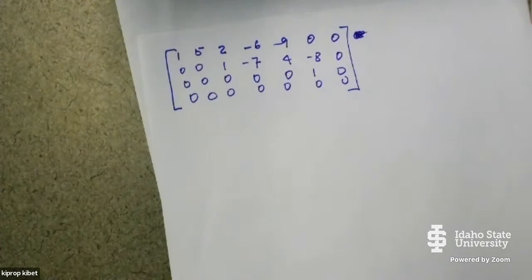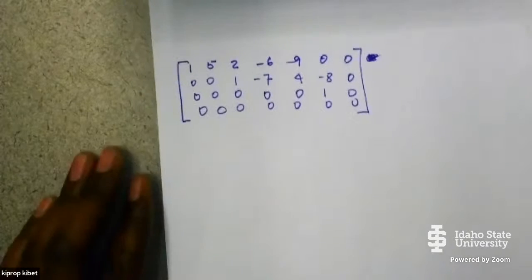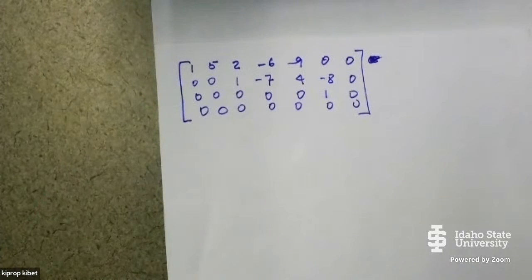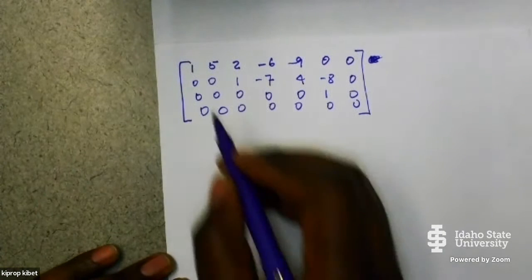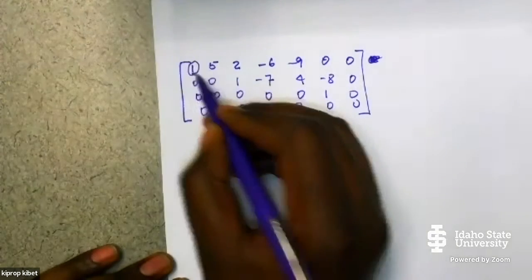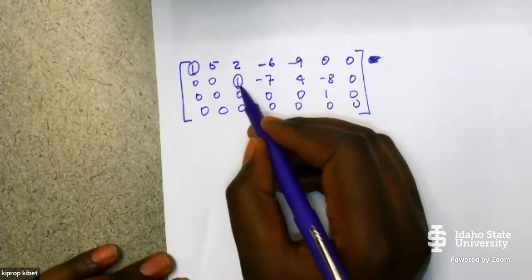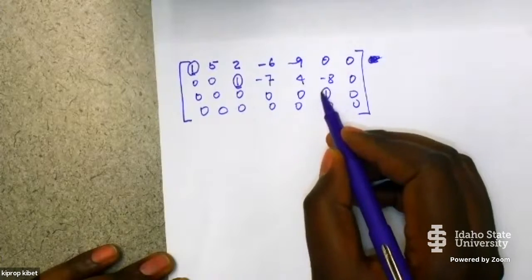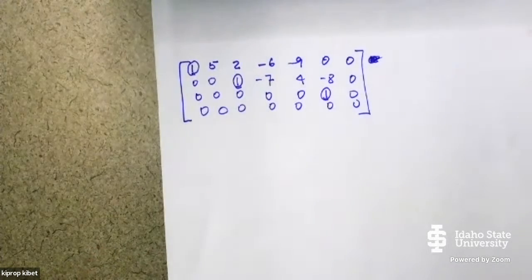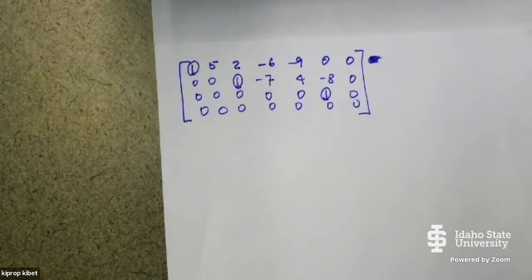If you look at this matrix, we have our pivot positions here, here, and there.